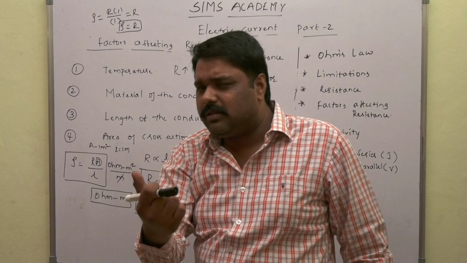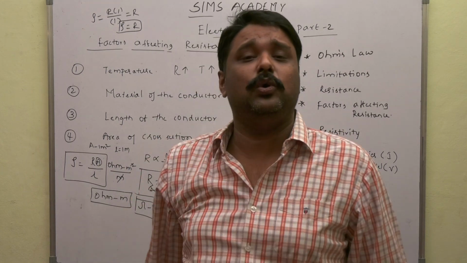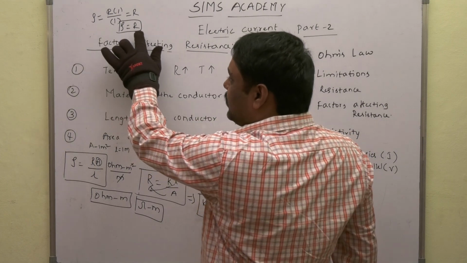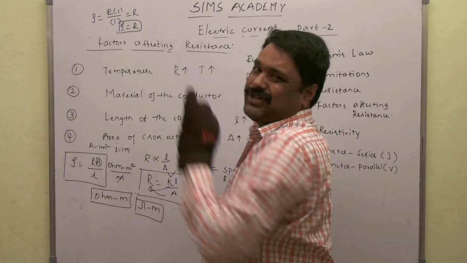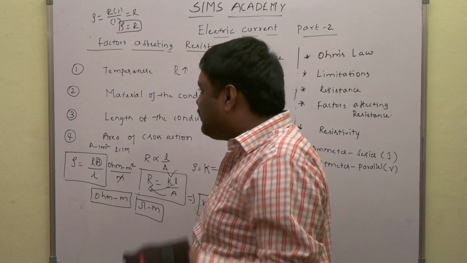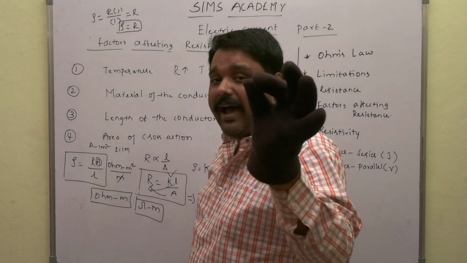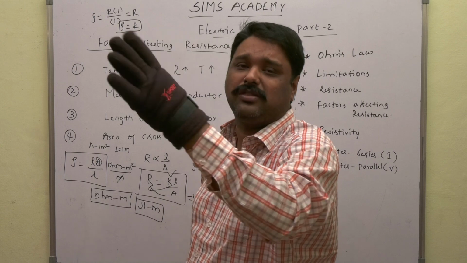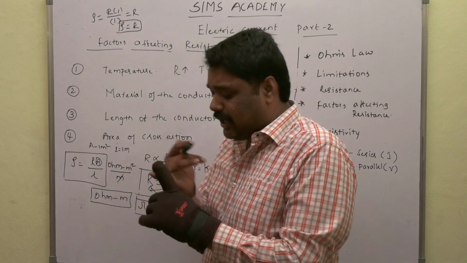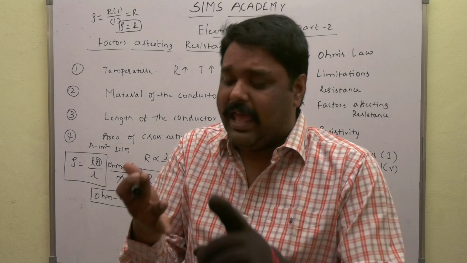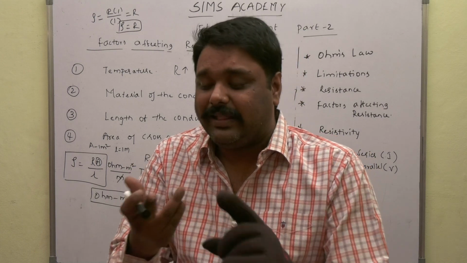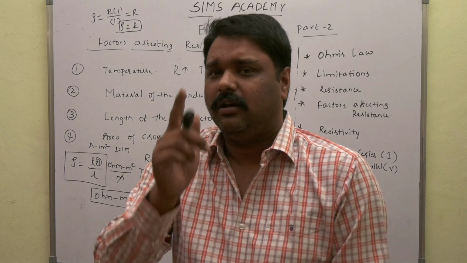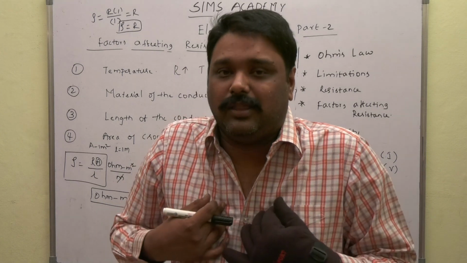Now, can we define the specific resistance? Yes, of course. The specific resistance of a conductor is equal to its resistance for 1 unit length and 1 unit of area of cross section. If the length of the conductor is 1 unit and area of cross section is 1 unit, then the specific resistance or resistivity is R, its own resistance.